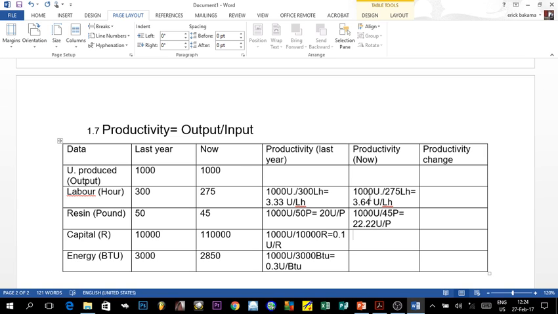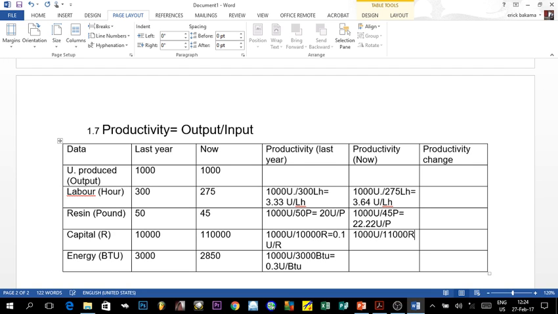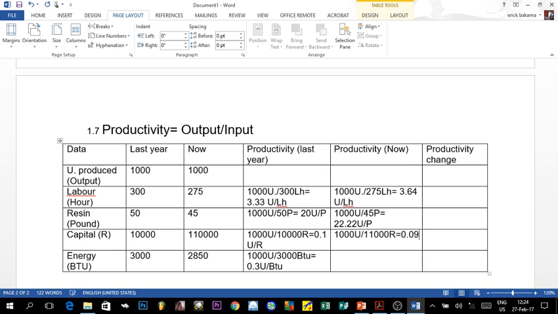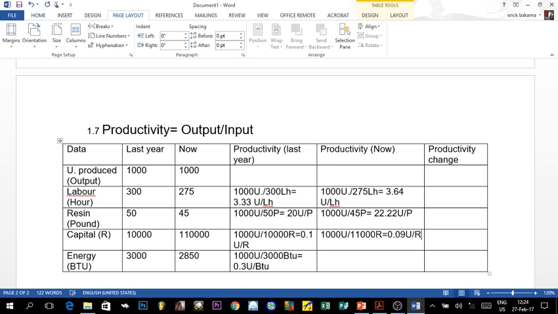Then for the capital, sorry, it's 1000 units that are produced over 11,000 rand. Remember that in this case we are using the rand. So we have 1000 divided by 11,000, which gives us 0.09, and the value here is in units per rand.